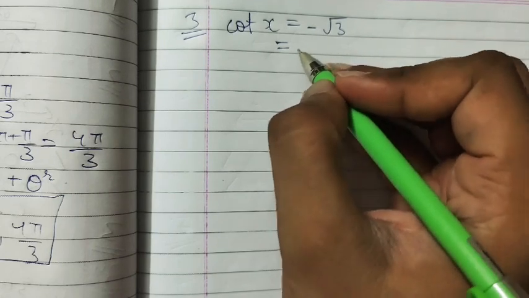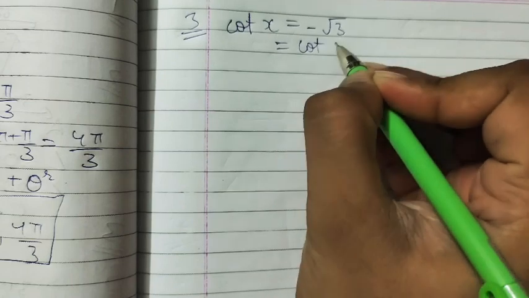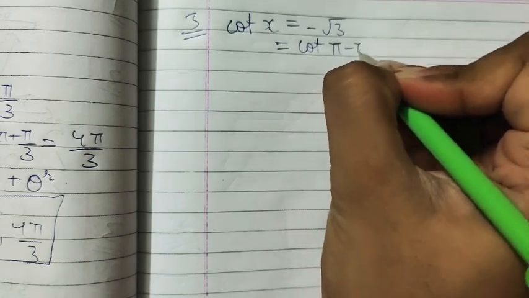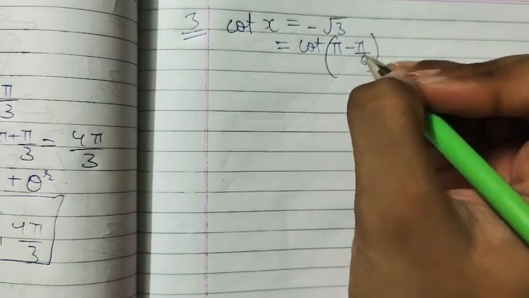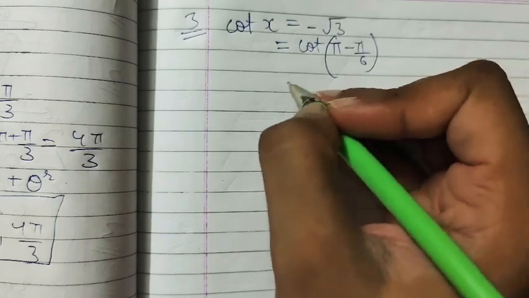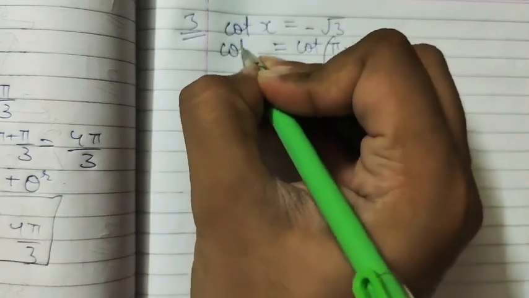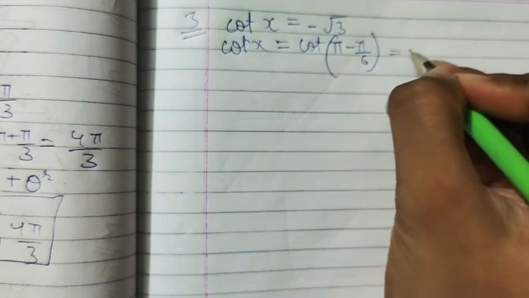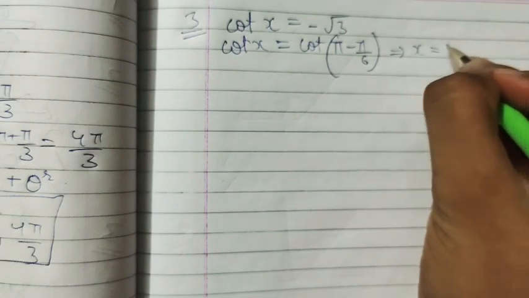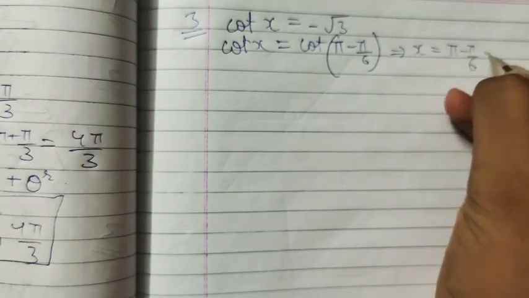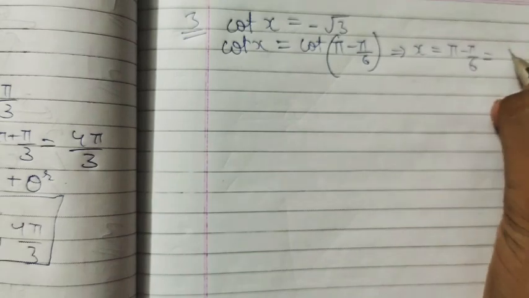So in second quadrant this will be cot of pi minus pi by 6, right? In second quadrant the value will be pi minus pi by 6. So from here cot x is equal to cot of pi minus pi by 6. So this implies x is equal to pi minus pi by 6, 6 pi minus pi is 5 pi by 6.